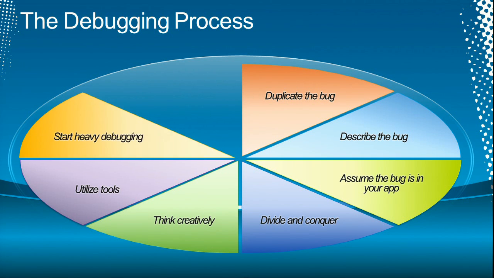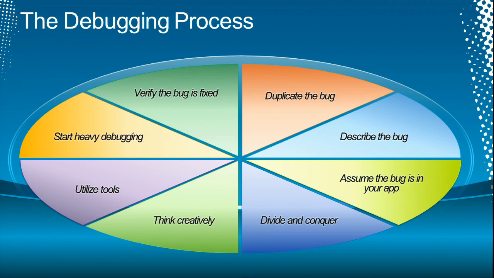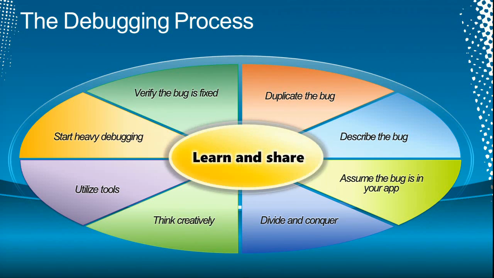At this point, and only at this point, is it time to start doing any serious debugging. A lot of people jump here and waste a lot of time. I've, at one point, spent a day and a half continuously in a debugger chasing a pipe dream because I hadn't followed the steps. When I'm done, you verify it, and then you document, you learn. I personally blog about it. I keep my notes in OneNote so that I don't forget what I went through to get there.